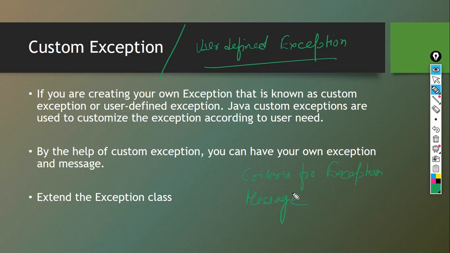Criteria in the sense, suppose you want a valid age. The age should be, suppose, 0 to 80. For some certain situation, you might need the age to be from 1 to 80, suppose. At that particular situation, you can create your own custom exception.